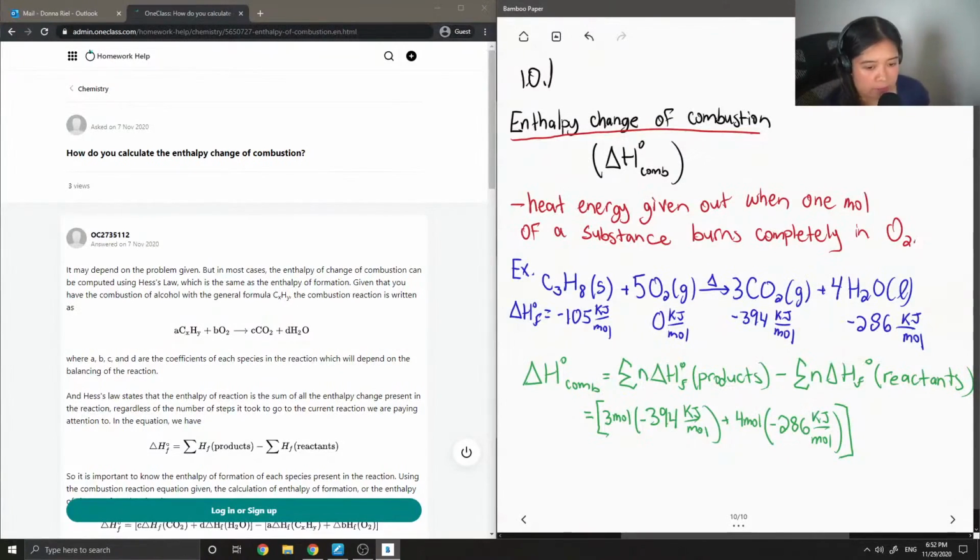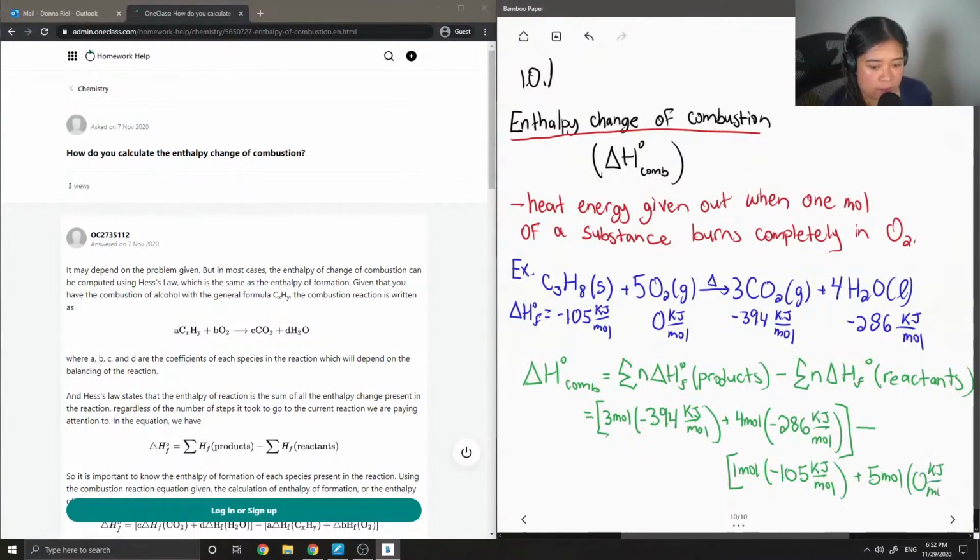And now I'm going to minus, and I'm just going to continue the line at the bottom here. So for the propane, there's only 1 mole, and its delta H of formation value is negative 105 kilojoules per mole. And lastly, there's 5 moles of oxygen, but its delta H of formation value is 0.